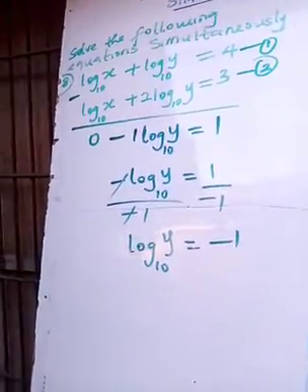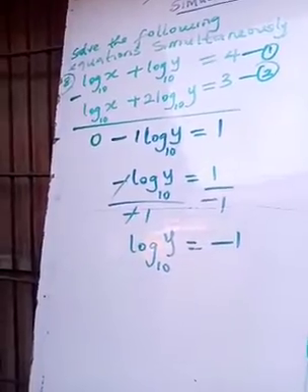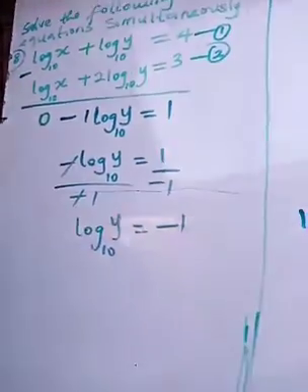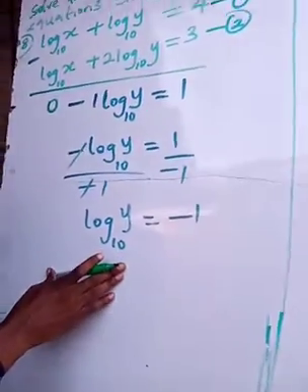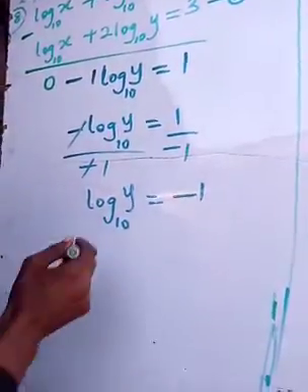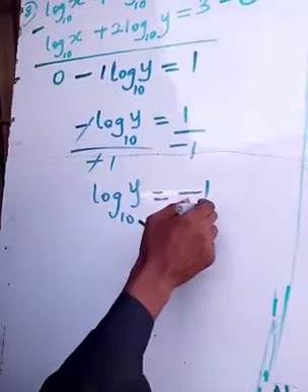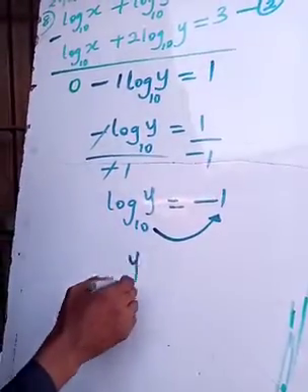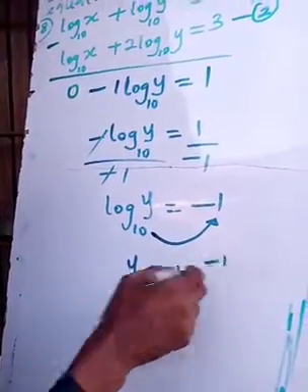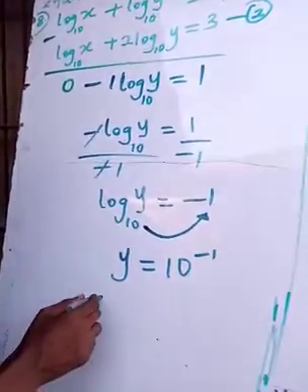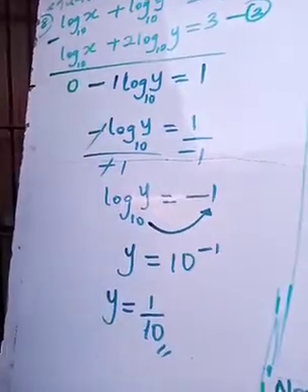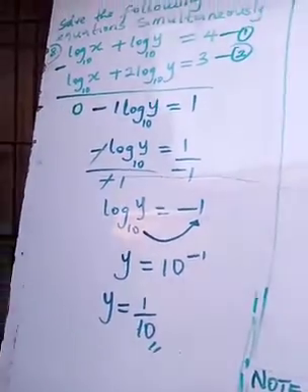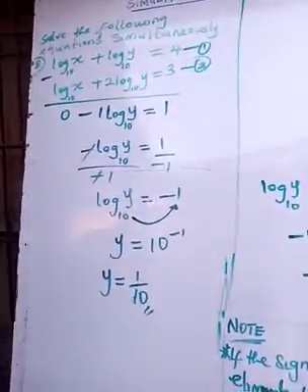If you check the rules of logarithm that I gave in the logarithm video, when you have logarithm on one side and there's no logarithm on this side, the base will carry this number. So that means y is 10 raised to power minus 1. And in indices, 10 raised to power minus 1 is 1 over 10. You might need to check the indices video too for you to understand.